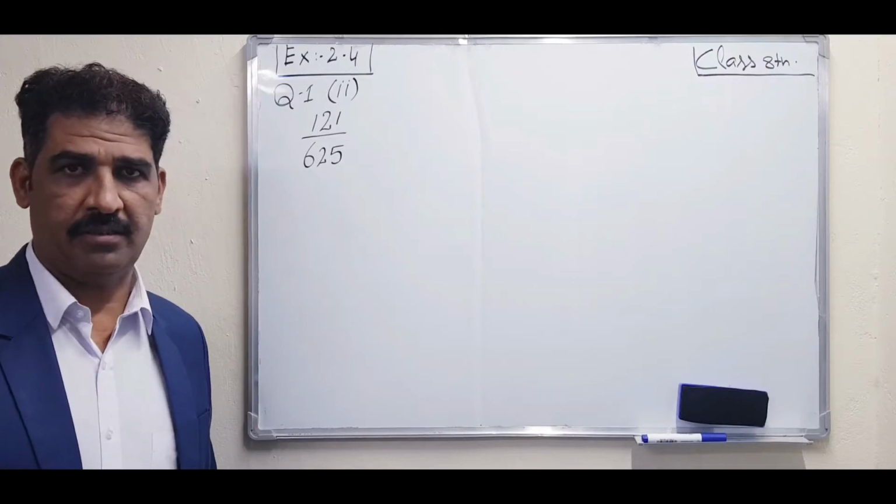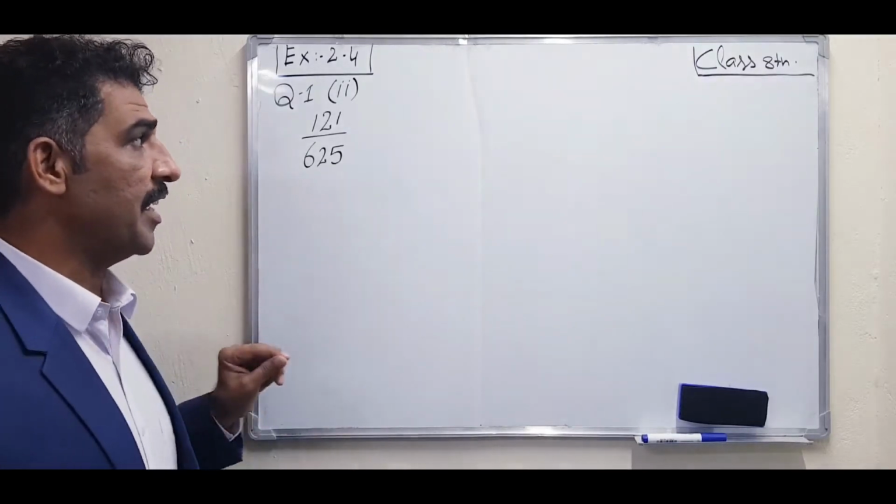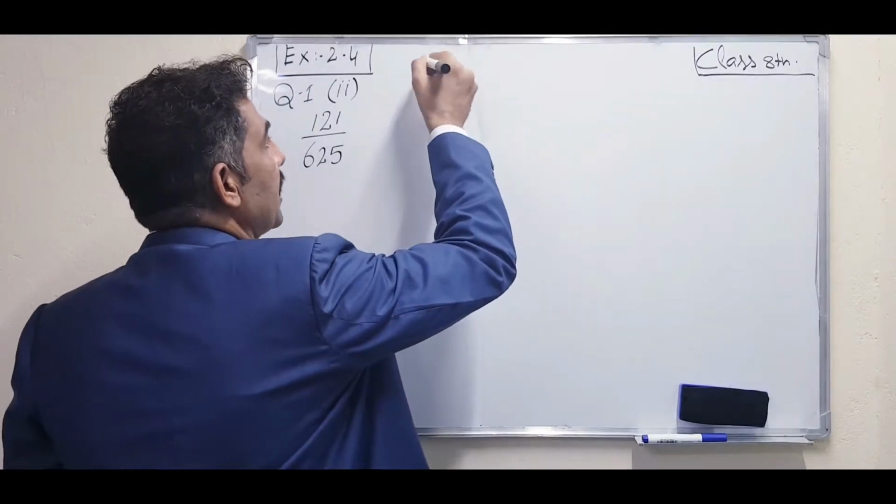We have to make the factors from the prime numbers. What are the prime numbers?